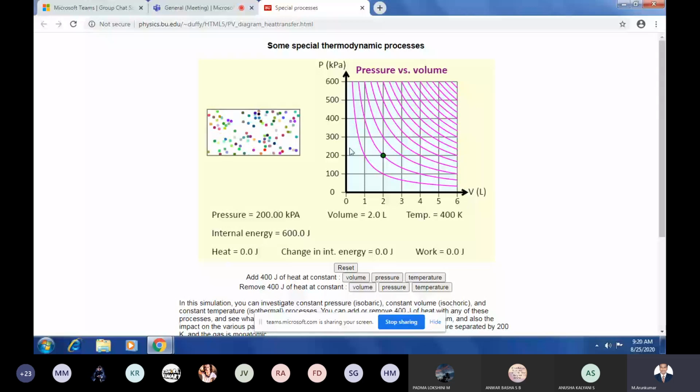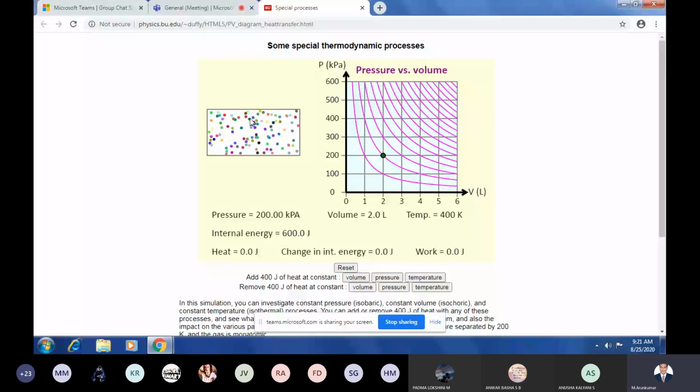For a system, the pressure will be there, the volume will be there, the temperature will be there, then internal energy will be there. Also, we have the transfer of heat energy and change in internal energy, then work transfer will be available by these thermodynamic processes. So this is a PV diagram of a thermodynamic system. These are molecules.